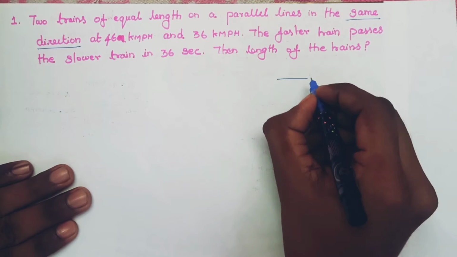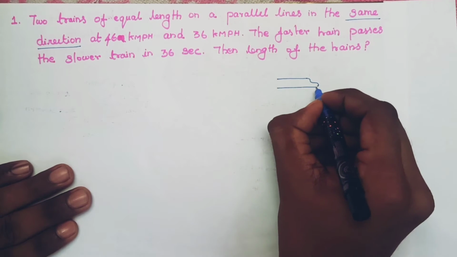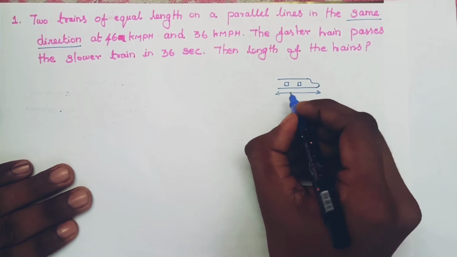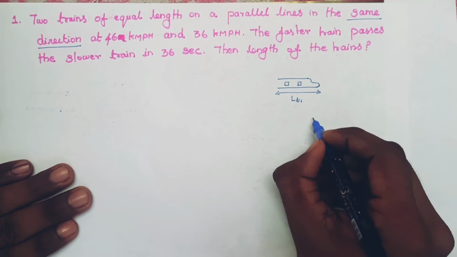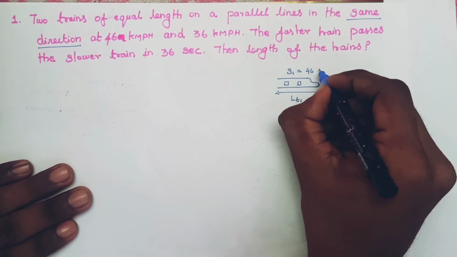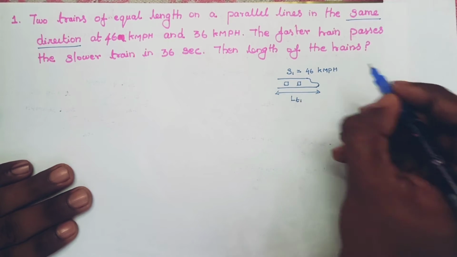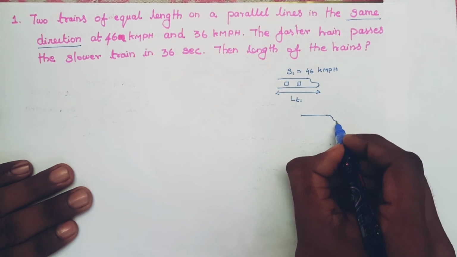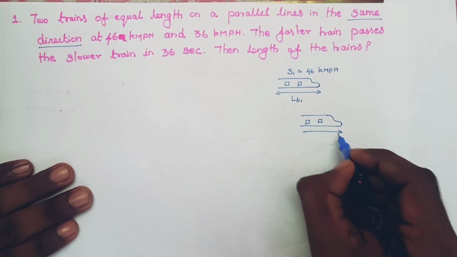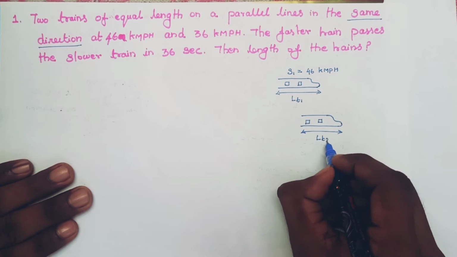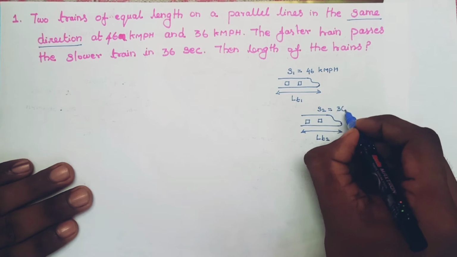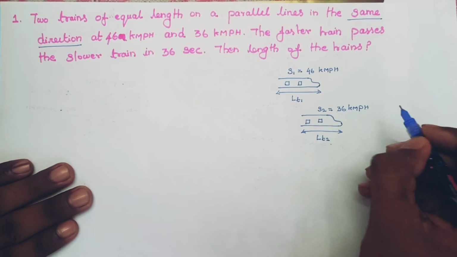So first, train number 1 has the length LT1 and is running at a speed of 46 km per hour, and train number 2 has a length of LT2 and is running at a speed of 36 km per hour.